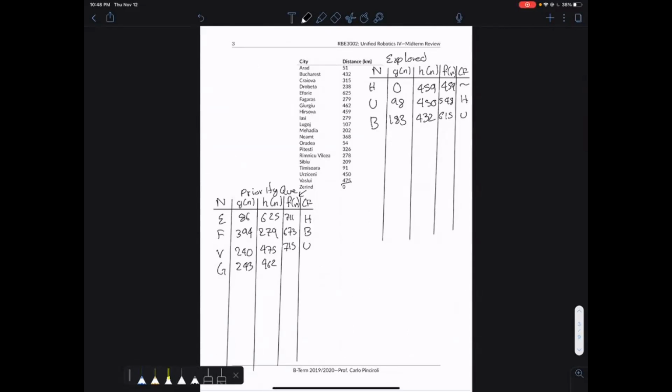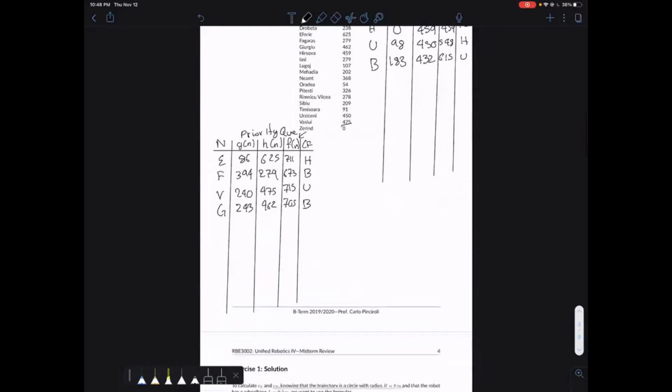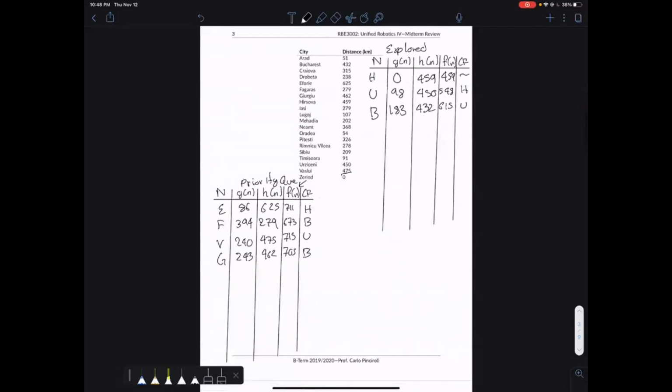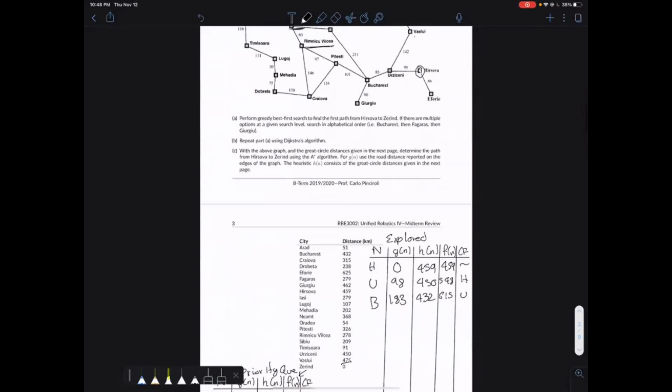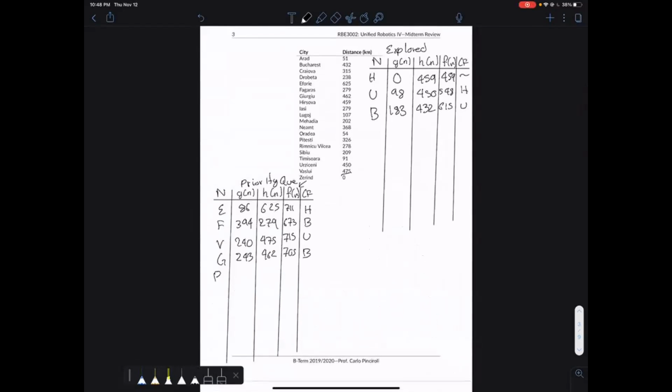We didn't add those together, so we get 243 plus 462, which gives me 705. And that came from is going to be equal to B as well. And then finally, our last friend node, which is Pitesti, so that's P, has a path cost of 101 plus 183, which is our previous G of n. That's 284.